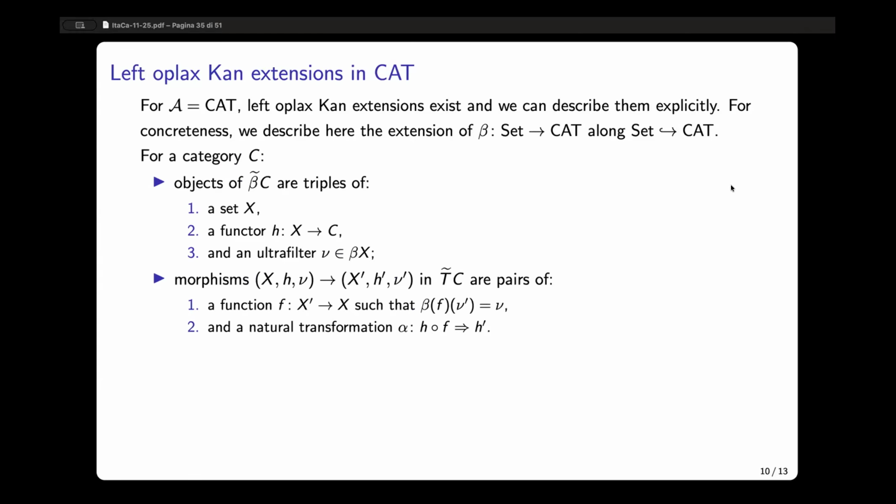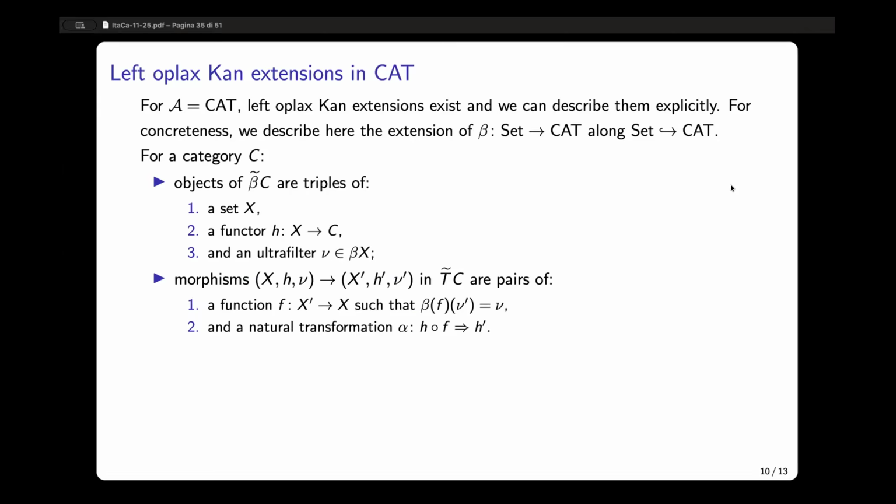Morphisms from such a triple to another are given by functions between the index sets going backwards and preserving the chosen ultrafilter, together with the natural transformation filling the obvious triangle.